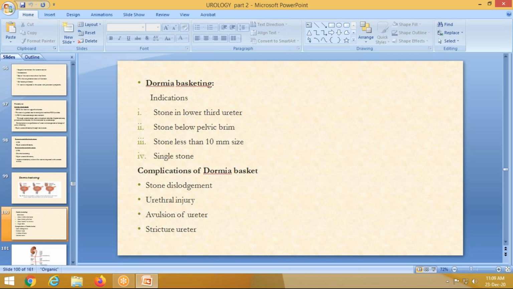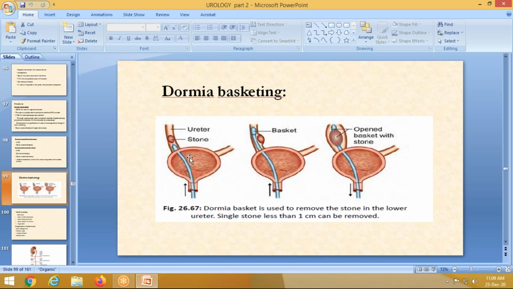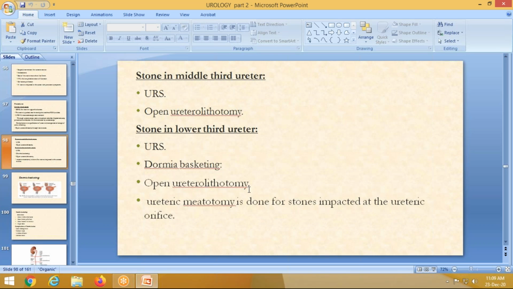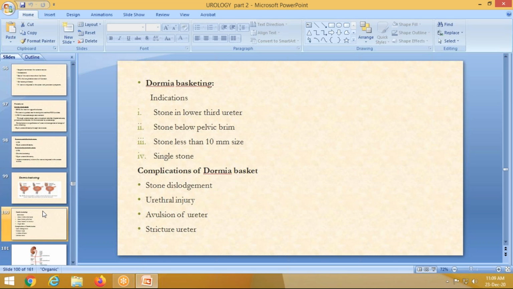What are the complications you may expect? Sometimes the stone may be dislodged. While you are extracting the stone, it may be dislodged somewhere, with rupture of the ureteric surface, and it may dislodge into the pelvic cavity. That is also one of the complications. Next, urethral injury.